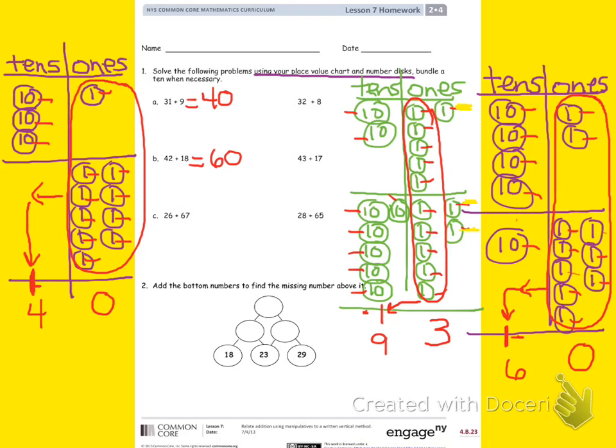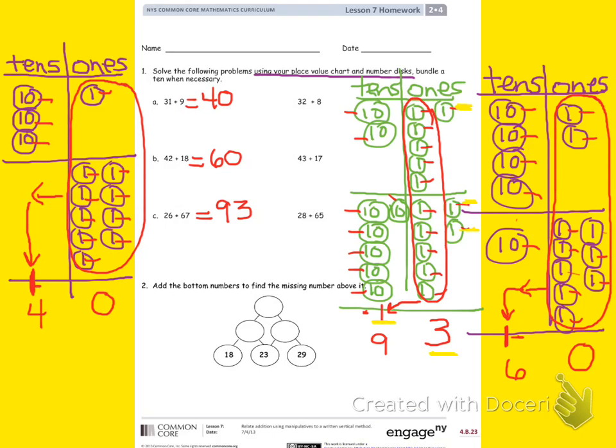Those 3 are the leftover ones that I put right here. And then I simply counted how many bundles of 10 there were, including this one that I put over here from regrouping, and that made 93. Now you do the one 28 plus 65 on your own using the same method as I've been showing you.